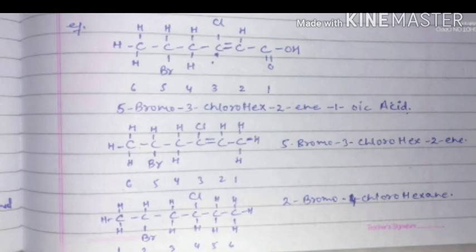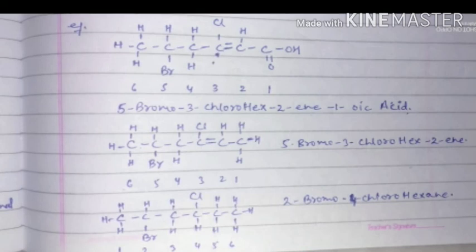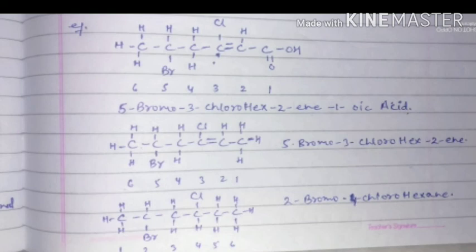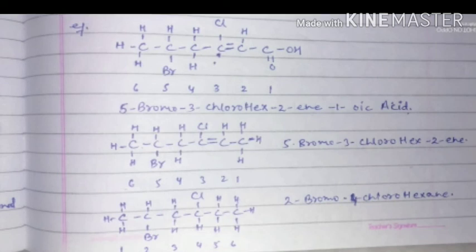Then in the second example, student, I have removed the functional group, and I am writing here only the double bond and the heteroatoms. From the right hand side, the double bond is getting a lower number.